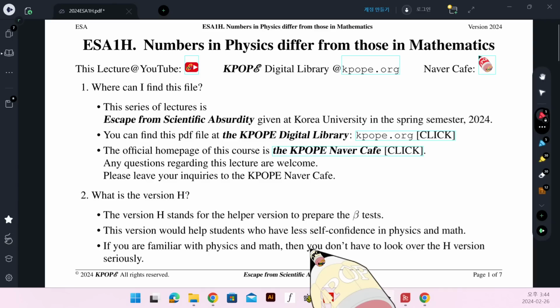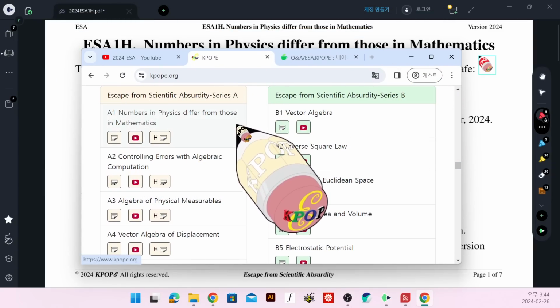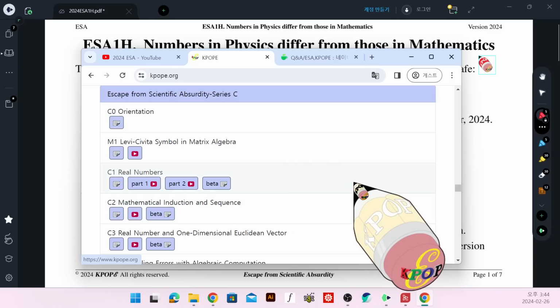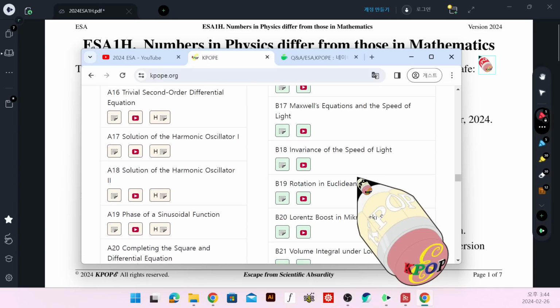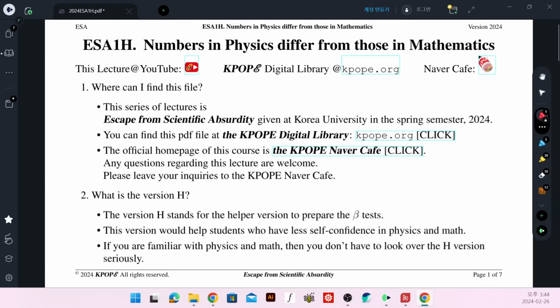What is the version H? We work based on version A, Series A, of Escape from Scientific Absurdity. Last year we studied Series C, but the students told me it was rather difficult, so I have downgraded the version to version A. The version H stands for the helper version to prepare for the beta test.